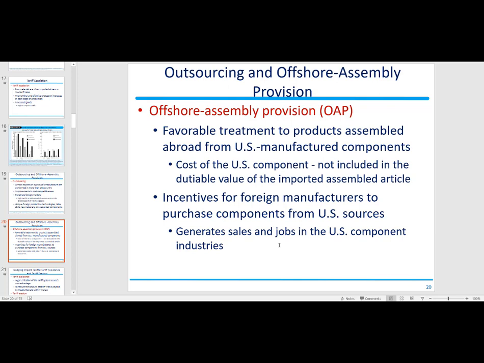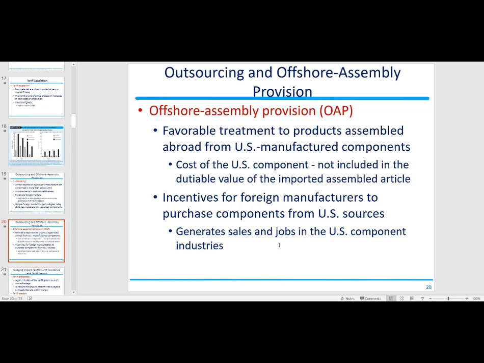Now, what is an offshore assembly provision? This is a favorable tariff treatment for products that are produced in foreign nations but use domestically produced components. So, when importing these final goods back, let's say, to the US, if part of the components of those goods were produced by domestic producers, then it will have a favorable tax treatment.